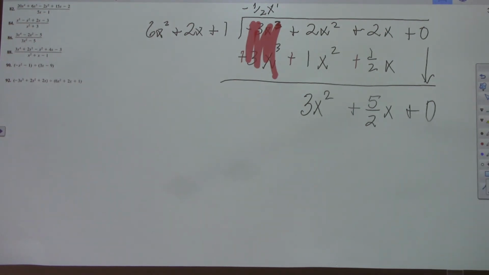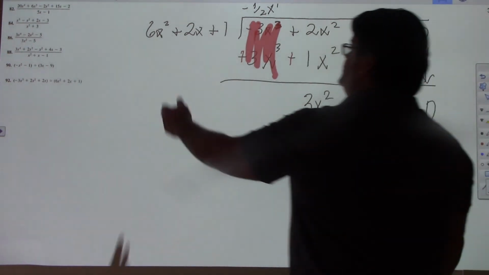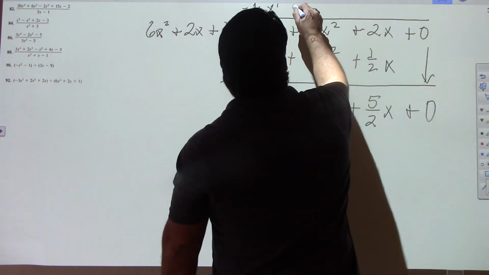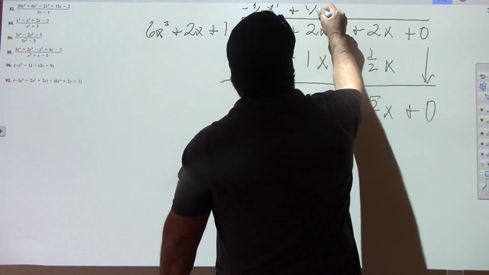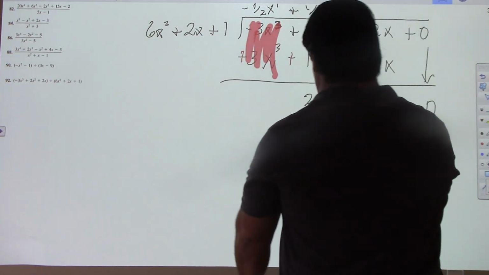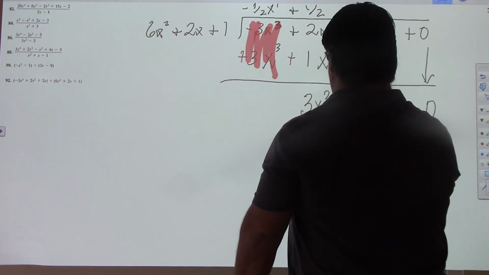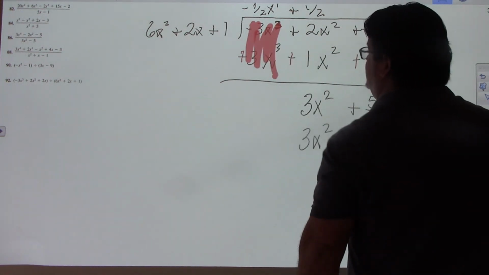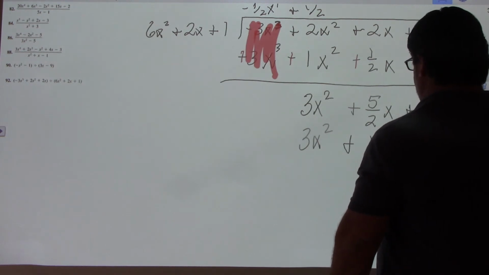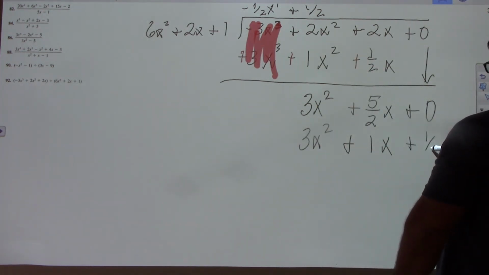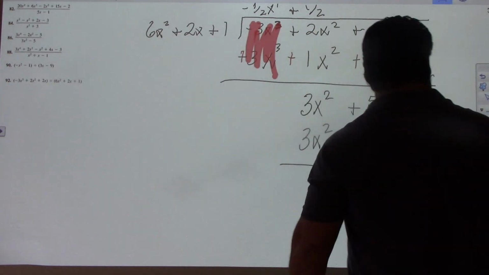Now how many times will 6x squared go into 3x squared? And what's 1/2 times 6x squared? 3x squared. And 1/2 times 2 is, and 1/2 times 1 is, you always subtract.